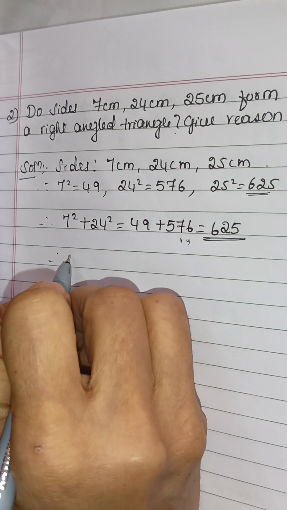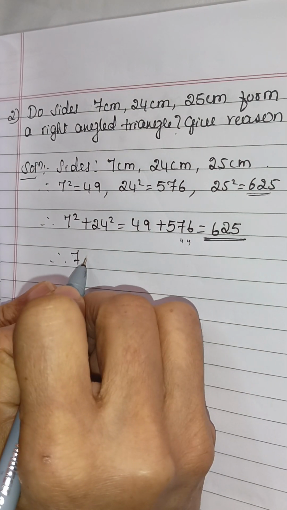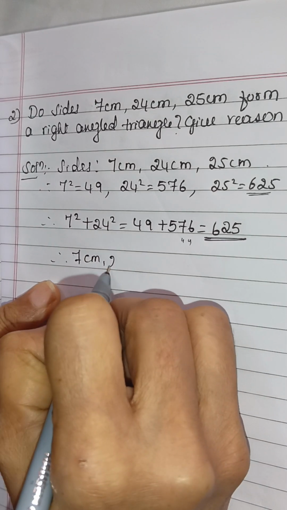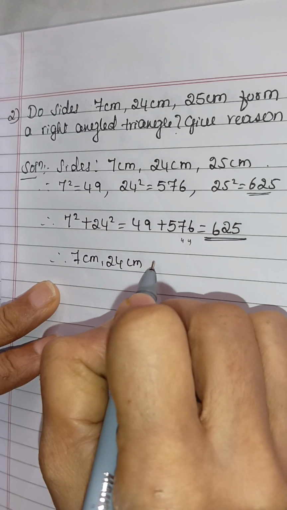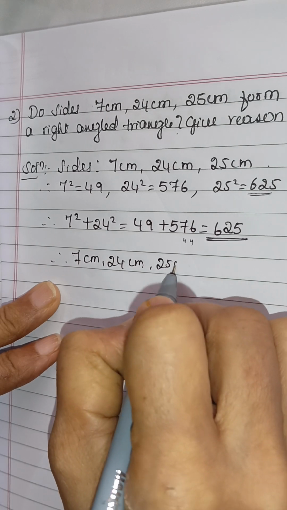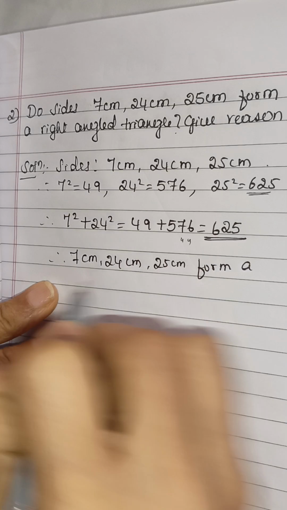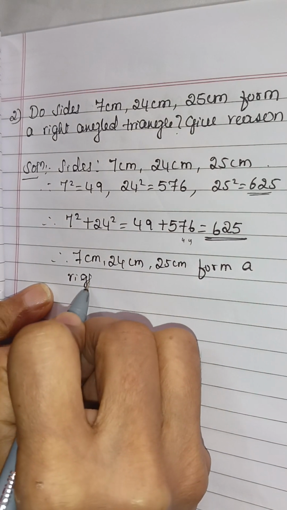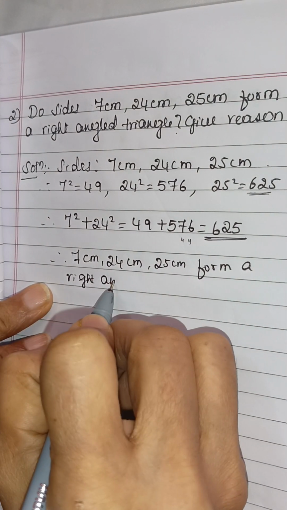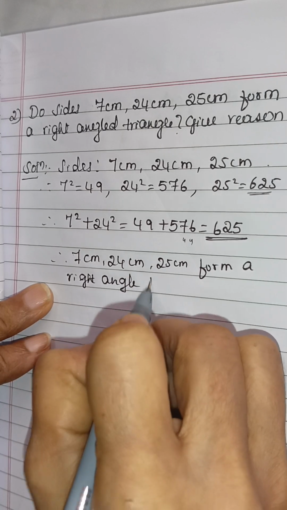Therefore 7 centimeters, 24 centimeters and 25 centimeters form a right angle triangle.